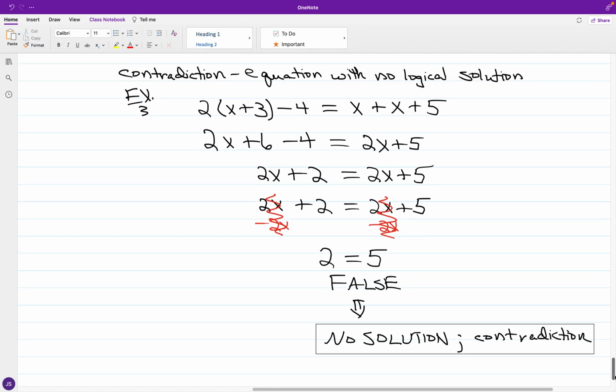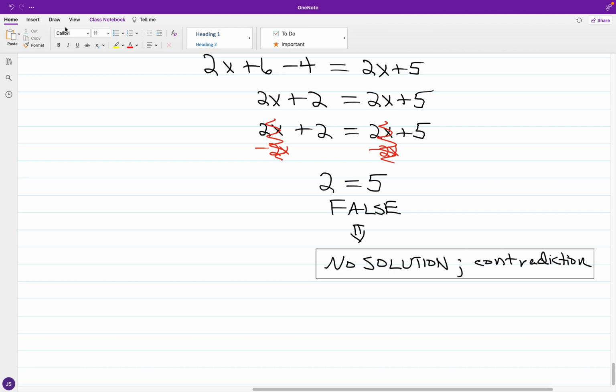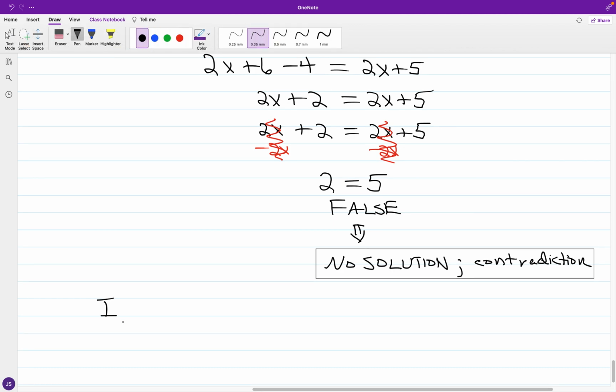And we have the category of what we have with an identity. An identity is going to be an equation that's going to land an infinite number of solutions.